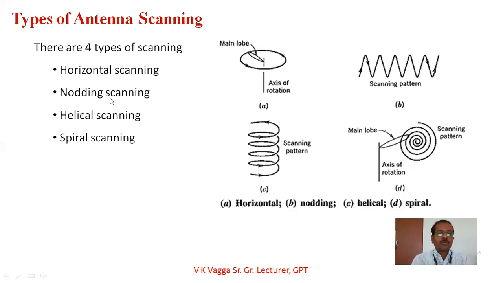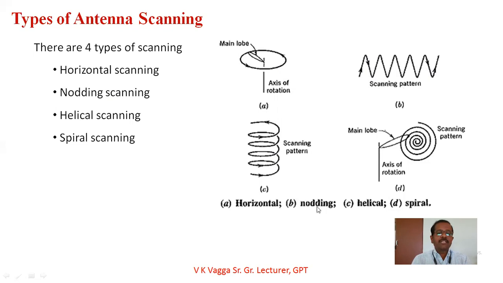Nodding is the extension of horizontal scanning. Along with the horizontal movement, it can also move in the vertical direction, horizontal, then vertical, and so on. If it can rotate in this way, it is called nodding.